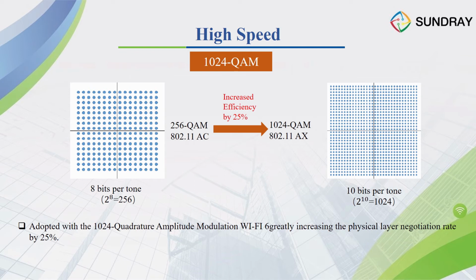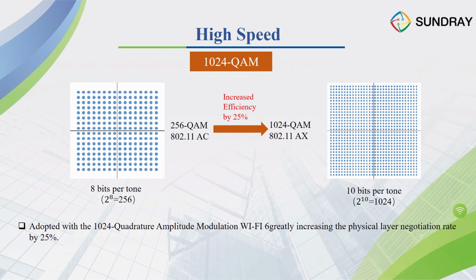You can see that in 256 QAM, we can carry 8 bits per symbol, but in 1024 QAM, we can carry 10 bits per symbol. So using this technology, the transmit rate in the physical layer is improved by 25%.